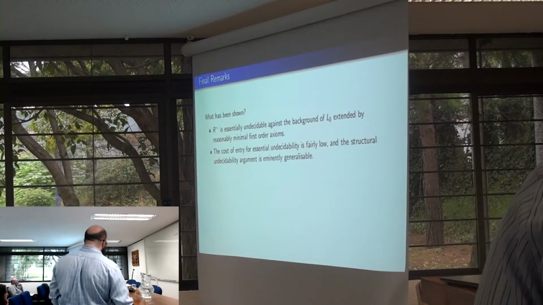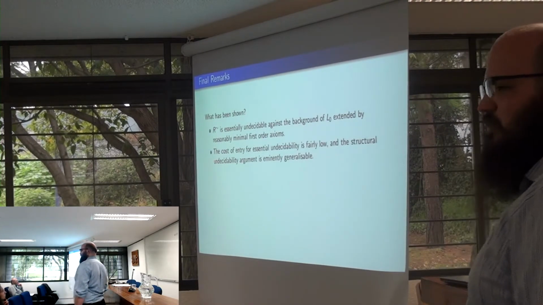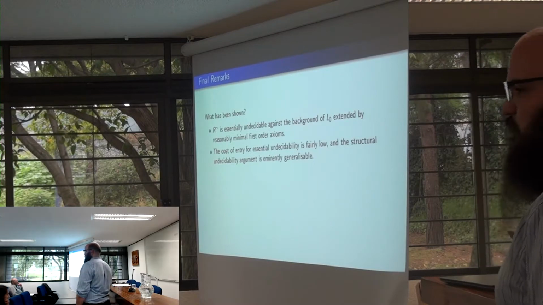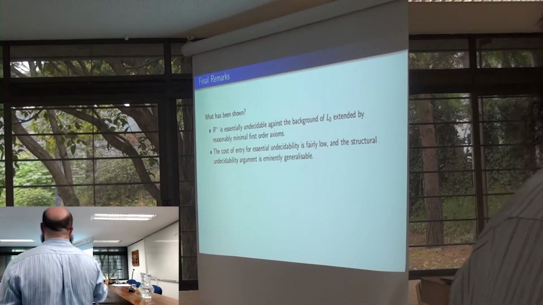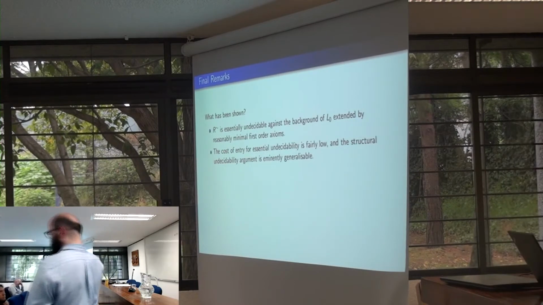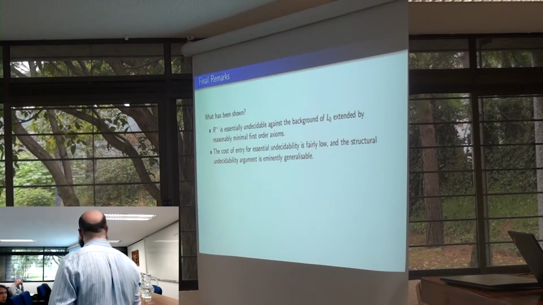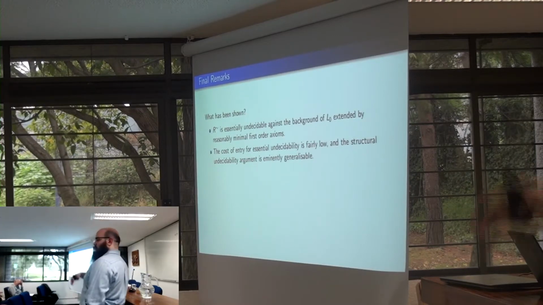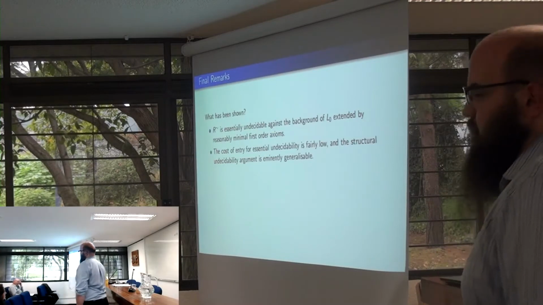And so what this shows is that the cost of entry for essential undecidability on the logic side of things is fairly low. L0 is weird, but it's weak. So even though the result doesn't extend to relevant logics, which is a shame and kind of embarrassing, we still get it for a wide variety of logics that people care about, and in addition, a wide variety of arithmetic theories that people care about.